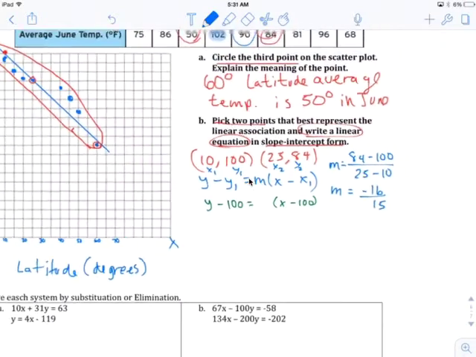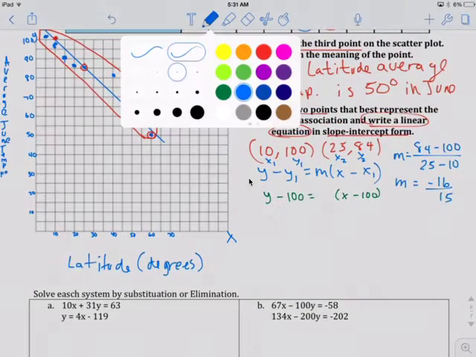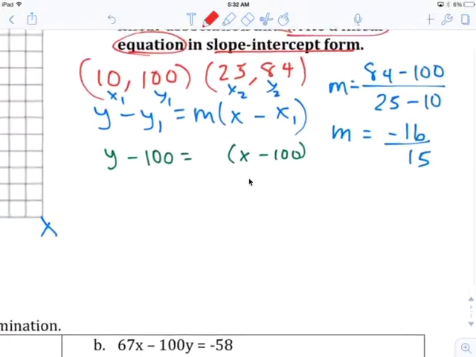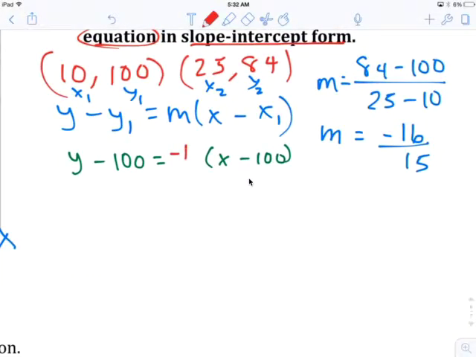We know negative is correct because our line here is going down. So this is a negative 16 over 15.